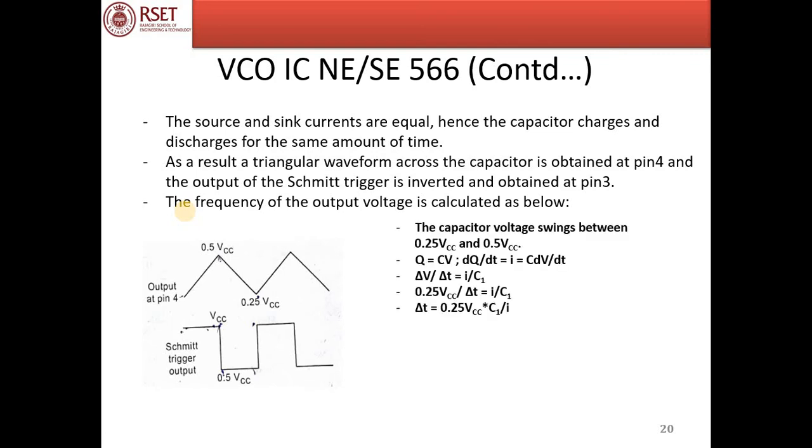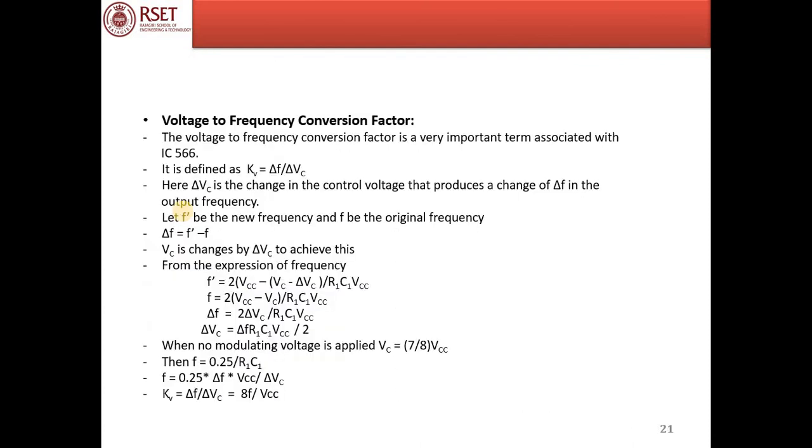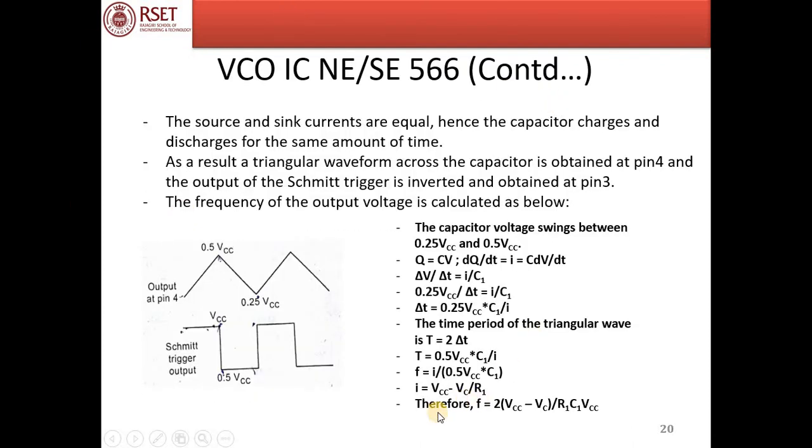So that is how we derived the equation for frequency of the VCO IC 566. So we saw that the frequency of the IC is dependent on the modulating input voltage VC.